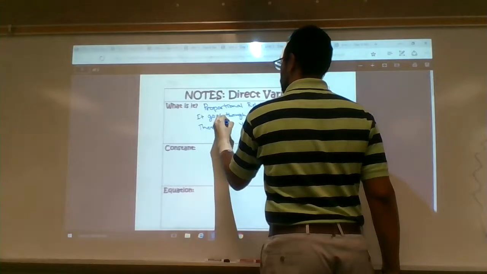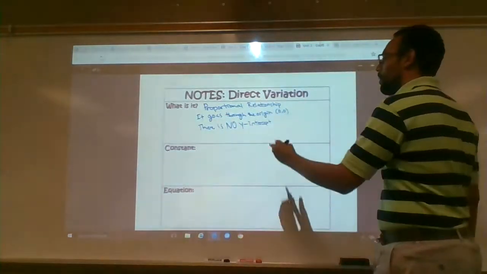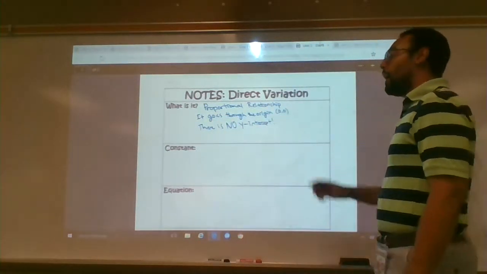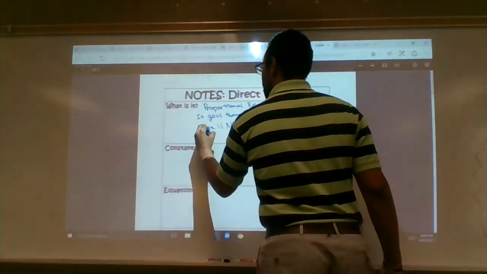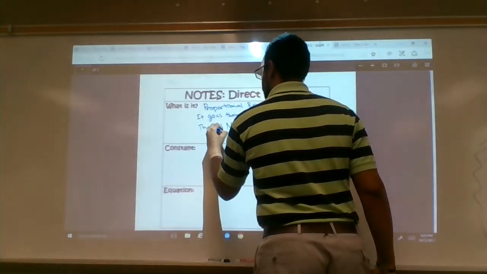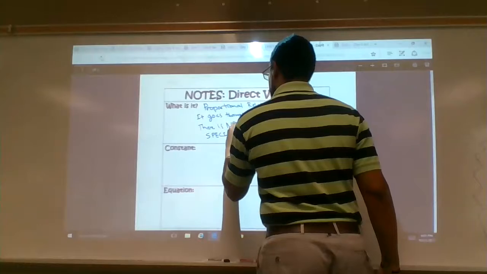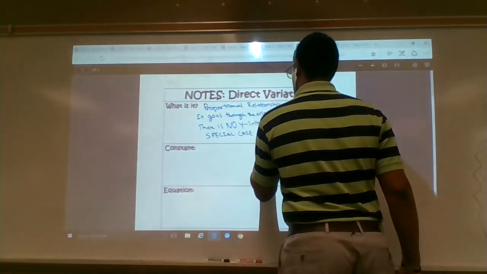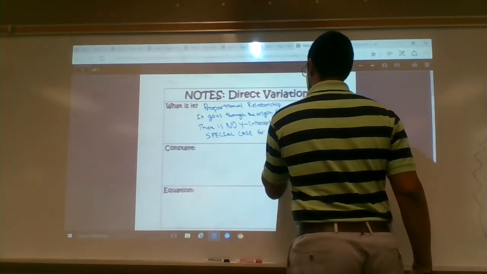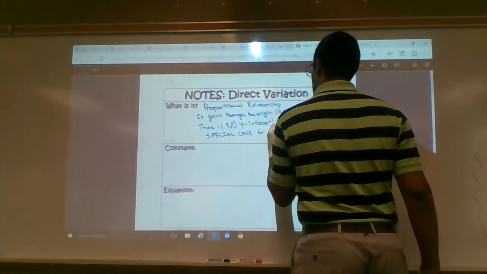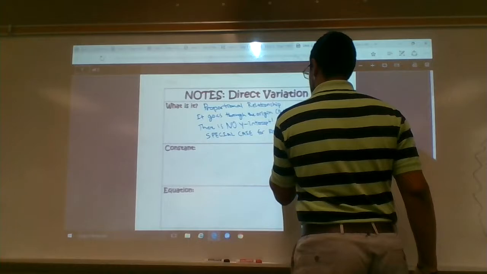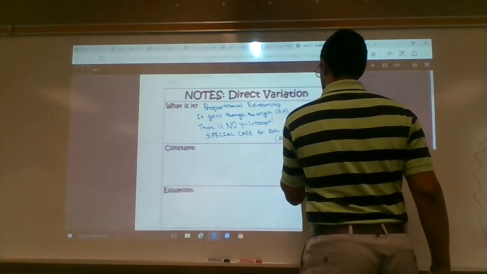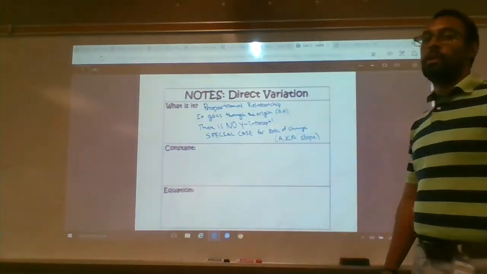Let me put this in bold. No, there's no y-intercept. Okay, and one additional thing is that this is a special case for rate of change, which is essentially the same thing as your slope.